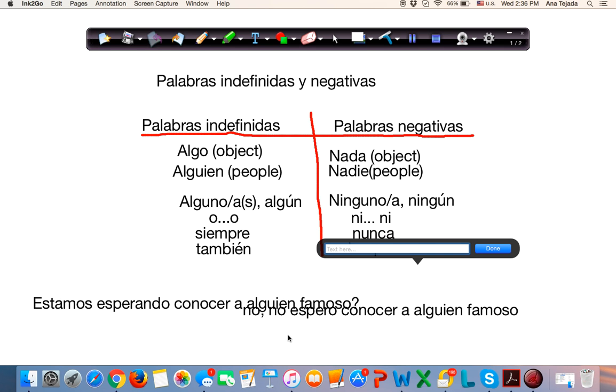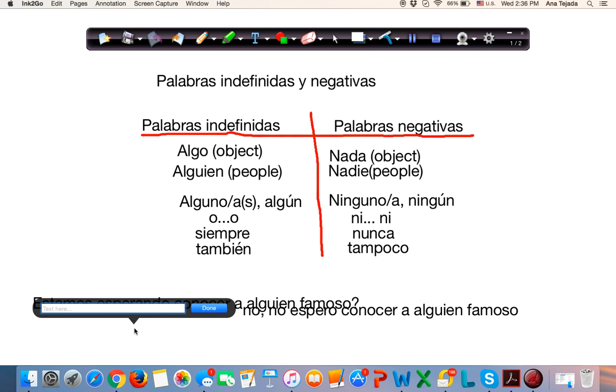We also have: A nadie le gusta levantarse temprano.